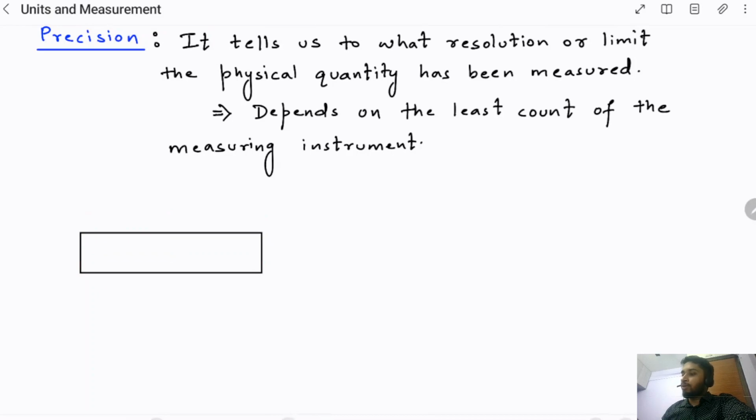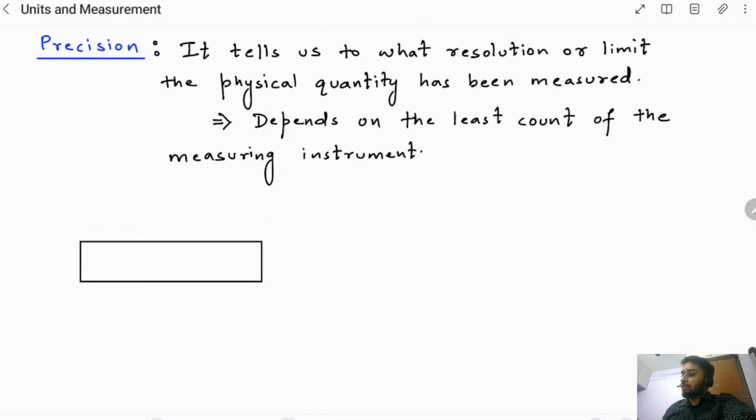Suppose the true length of this object is known to me.